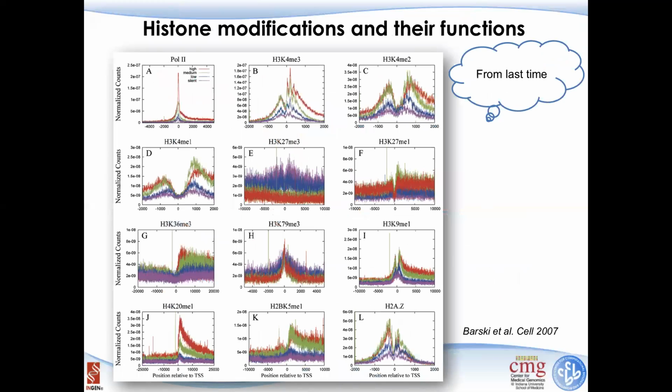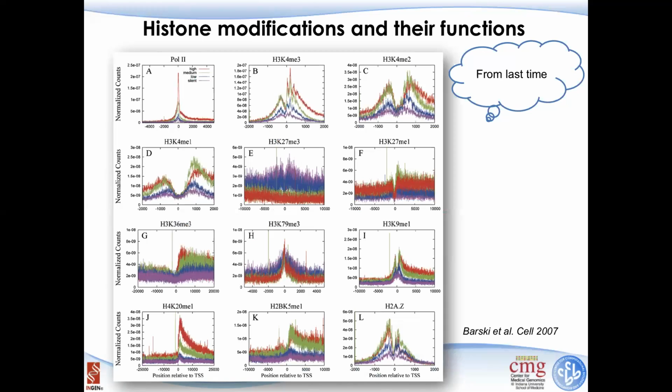Do you remember in the last lecture, when I talked about histone modification, we showed one result from a paper published in 2007 in Cell. They showed the association between histone modifications and gene expression.